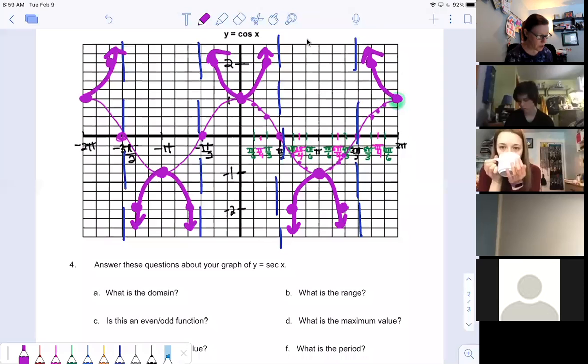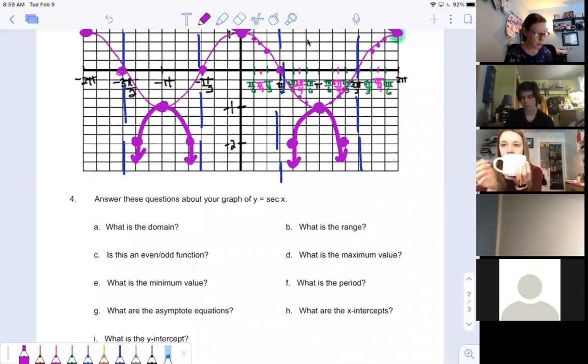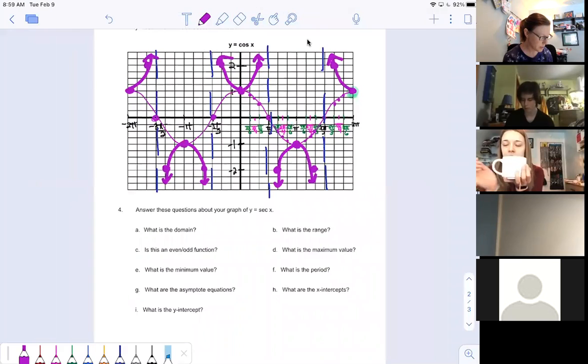So I just want to go over the questions underneath, and these questions are kind of similar to the ones you were asked about the secant.